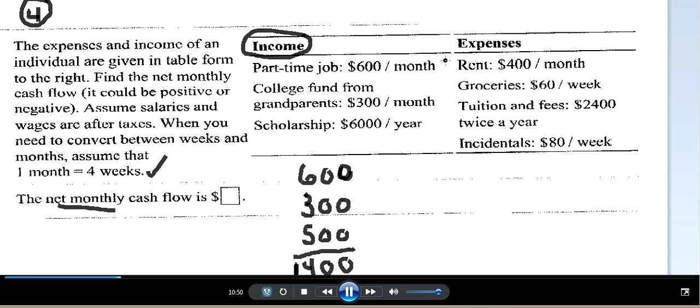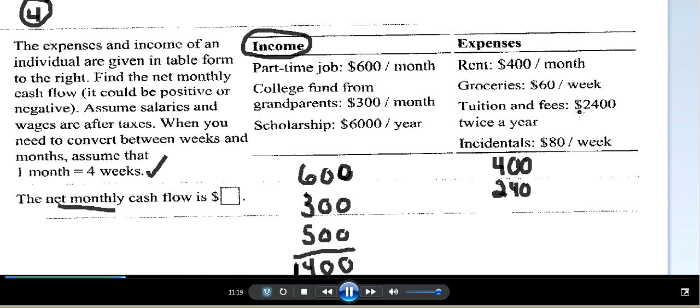And let's do the same thing with the expenses here now as well. So rent is going to be $400 a month. Groceries, $60 a week. So remember over here it says to convert weeks to months, so 4 weeks. 4 times 60 then would be 240. Tuition and fees, $2,400 twice a year.